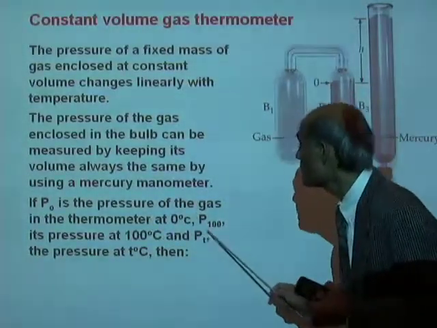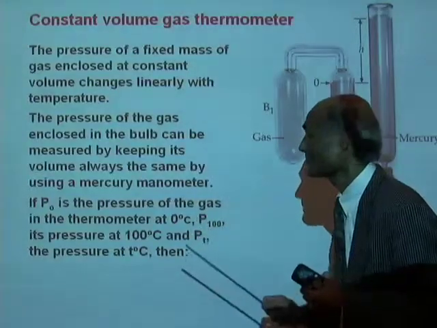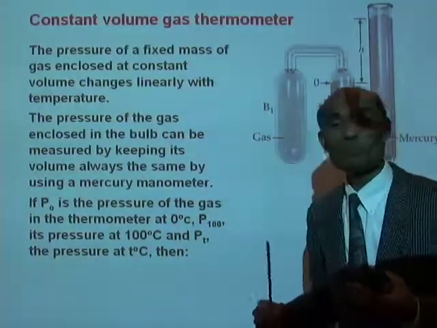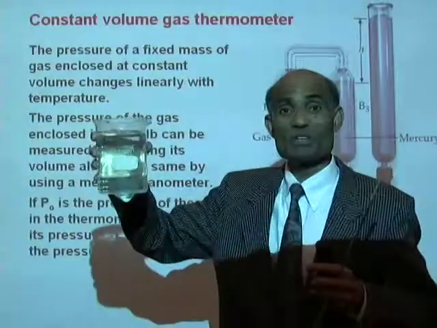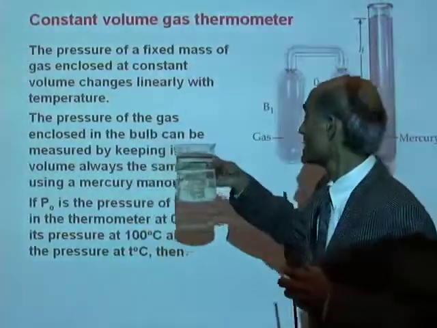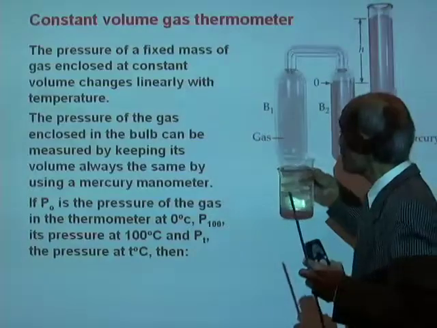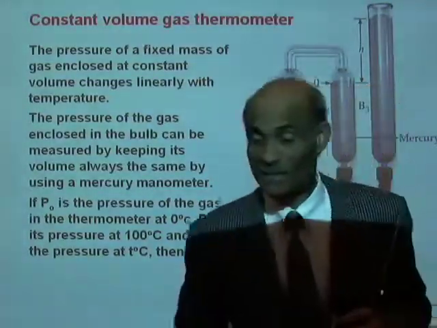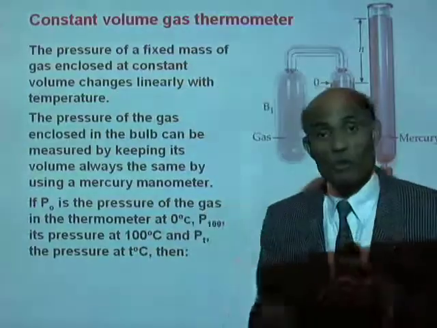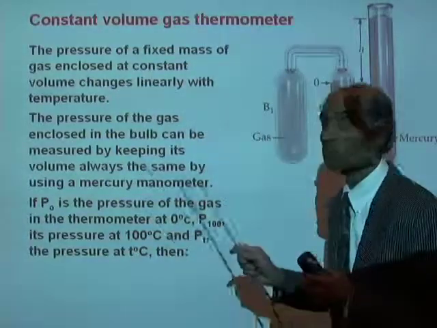That will be P100. And then if you want to measure the temperature of a bath like this, what you need to do is take that bath and insert the bulb inside there and wait for the bulb to acquire that temperature.